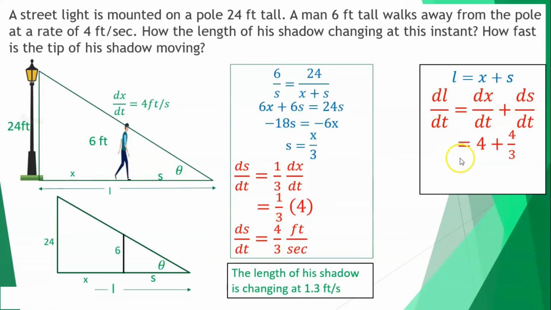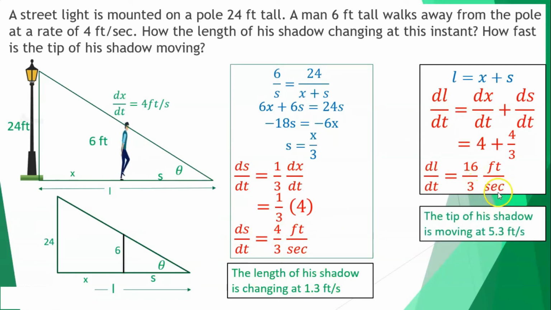Now, substituting, our dx/dt, take note, is 4. Our ds/dt is obtained as 4/3. So adding these two, that would become 16 over 3 feet per second. So the tip of his shadow is moving at 5.3 feet per second.